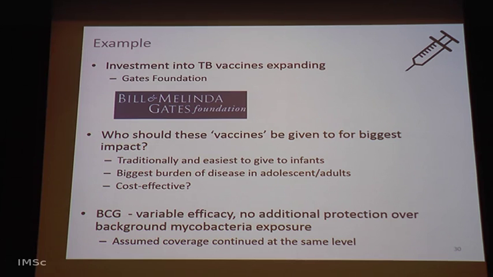So it's like both arms are being exposed multiple times to multiple, almost like vaccinations, but they're just with background mycobacterium. So in this modeling work we assumed that the coverage would continue at the same level, and that this was a part of the data and a part of the ongoing TB incidence, so we didn't model it explicitly.